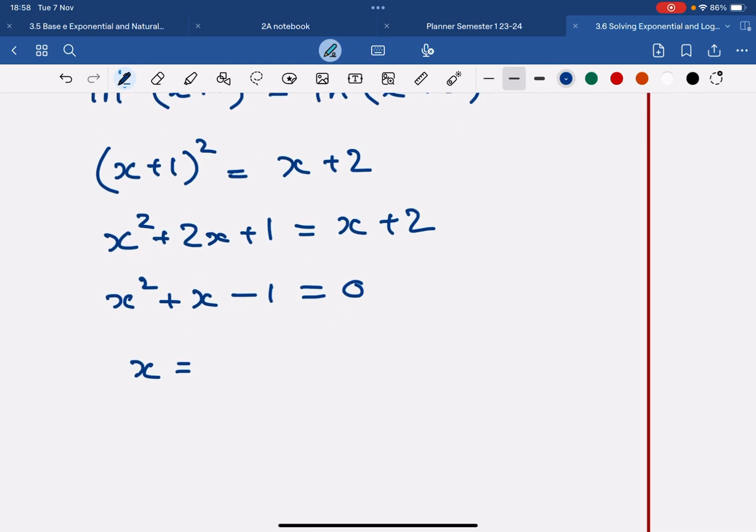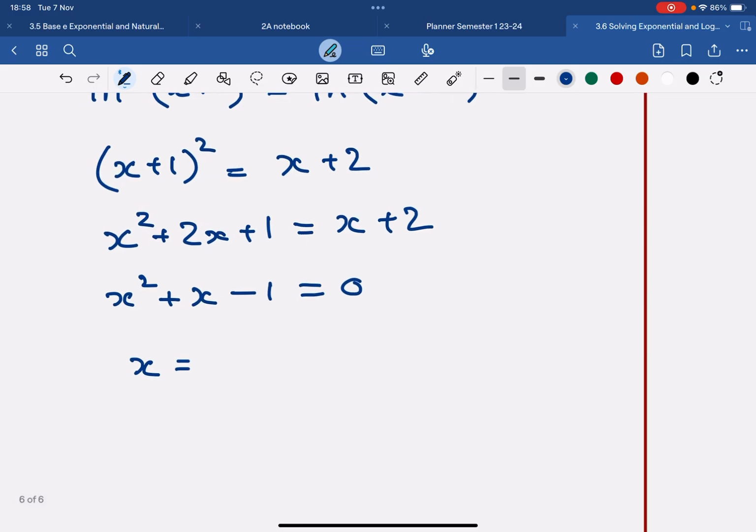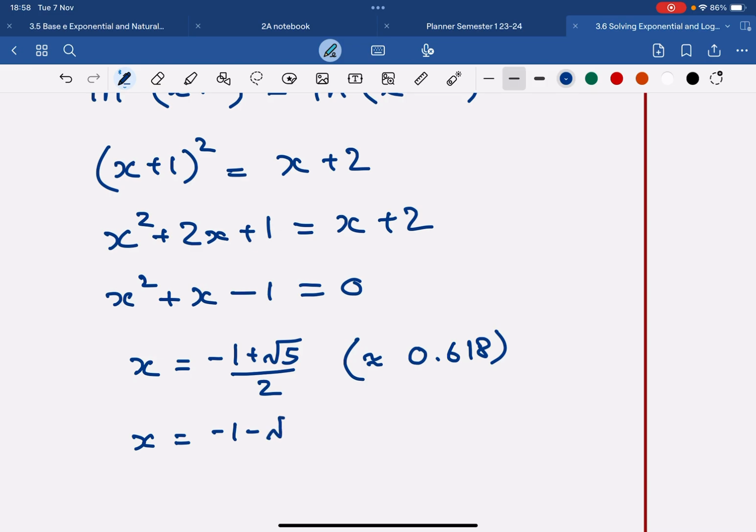I can see that one answer for x is (minus 1 plus root 5) divided by 2, and that's approximately 0.618. I've got the other answer, which is (negative 1 minus root 5) divided by 2, and that's approximately negative 1.618.